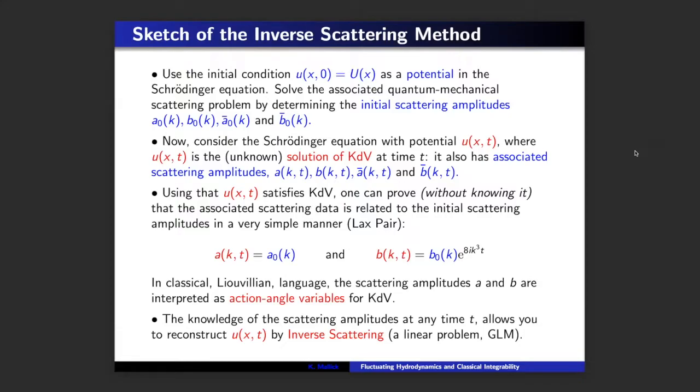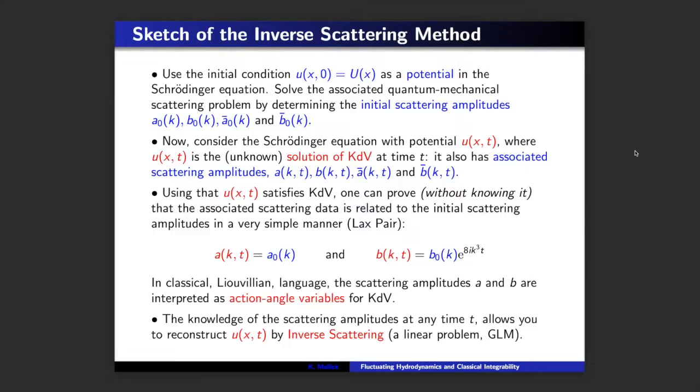The scattering amplitudes A and A bar do not change, and the scattering amplitudes B and B bar just take off a phase. What happens, in other words, is that the A scattering amplitudes are the action variables of your Hamiltonian problem underlying KdV, and the B are the angle variables, which just turn with the phase of your KdV equation.